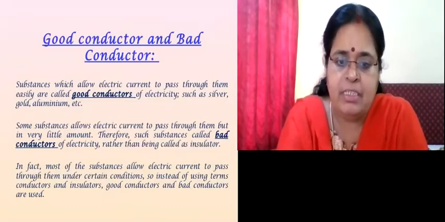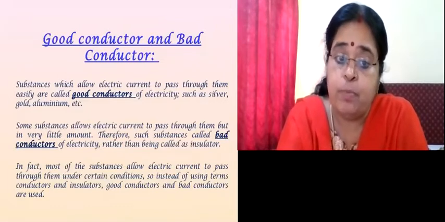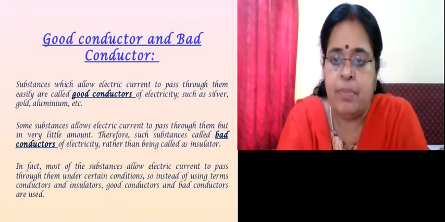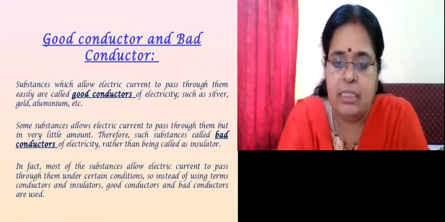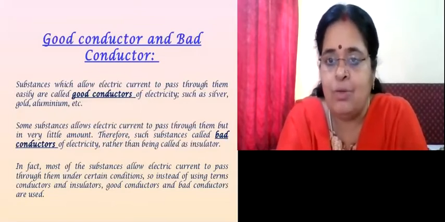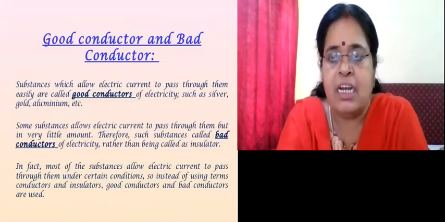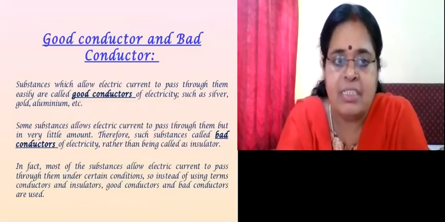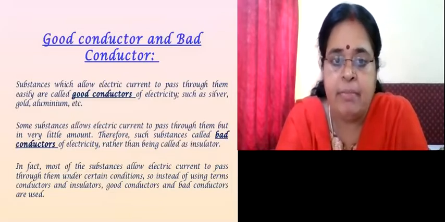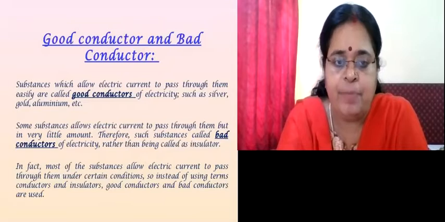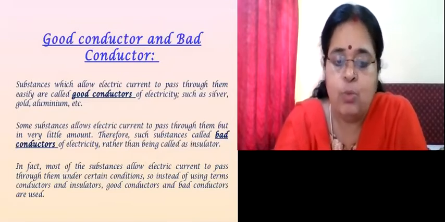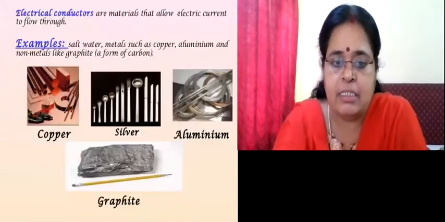Most substances allow electric current to pass through them under certain conditions. So instead of using the terms conductors and insulators, it is better that we use good conductors and bad conductors, because the conductivity of certain substances depends upon the conditions, upon the medium in which they are, or upon the nature of the material. So instead of saying insulator, we will use the word bad conductor.